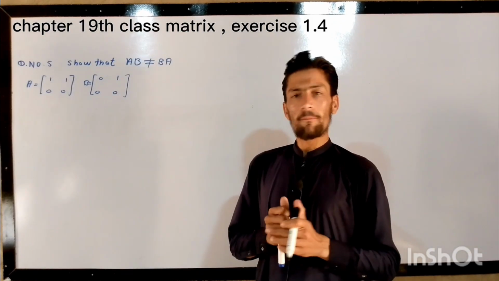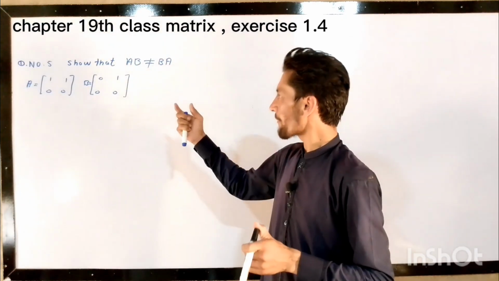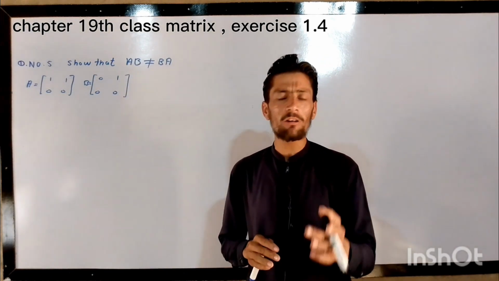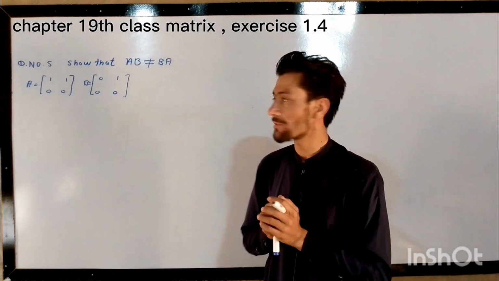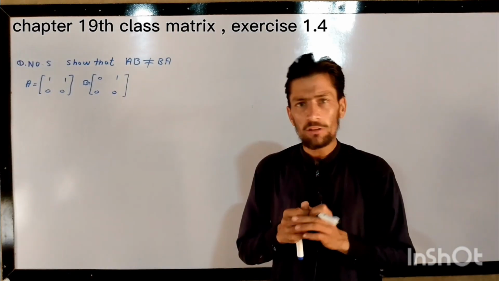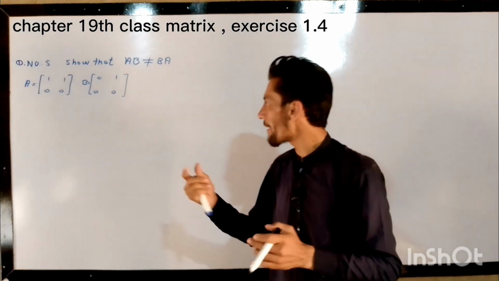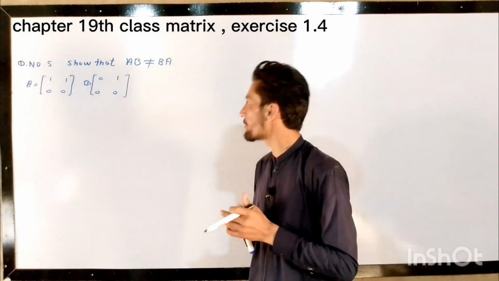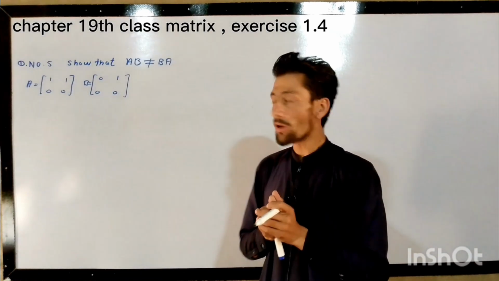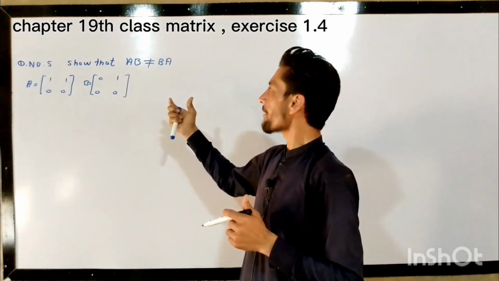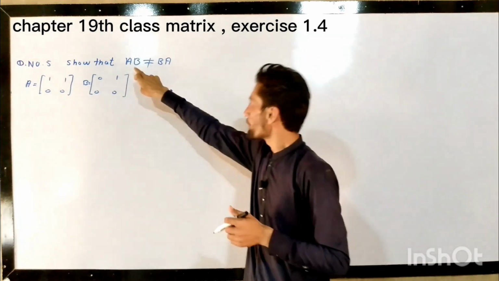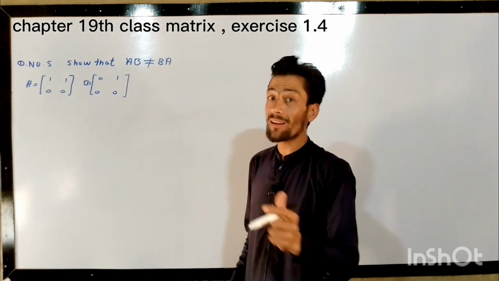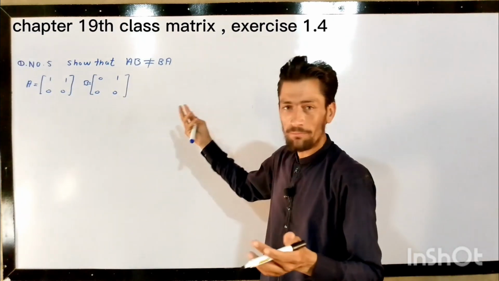Along with that, my dear student, the question number 5 of matrix class 9 exercise 1.3 on the topic of matrices. Asking from us that there are two matrices A and B. The A is 1 1 0 0 and the B is 0 1 0 0. So they are asking us to show a relation that A cross B is not equal to B cross A. So let's check it.